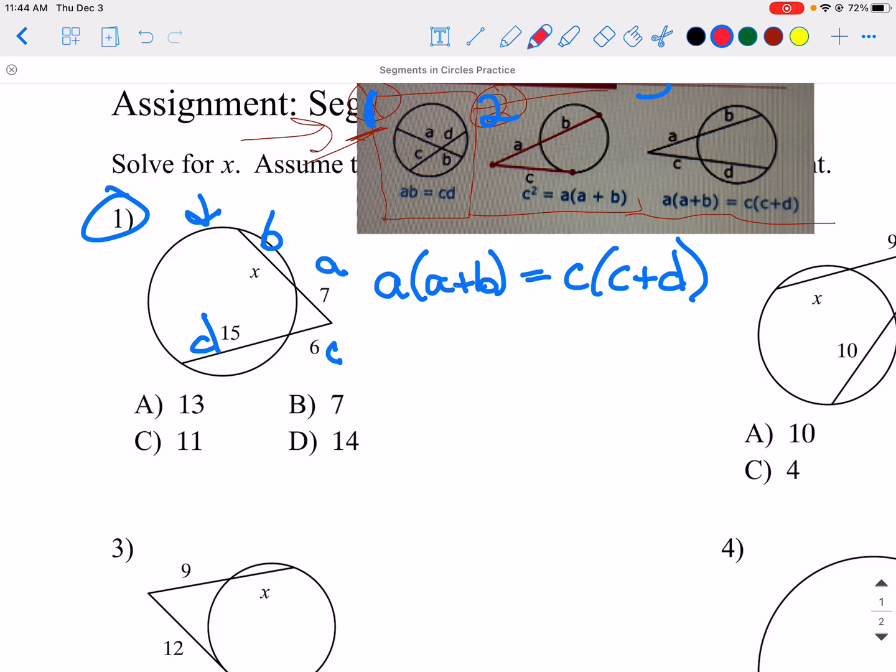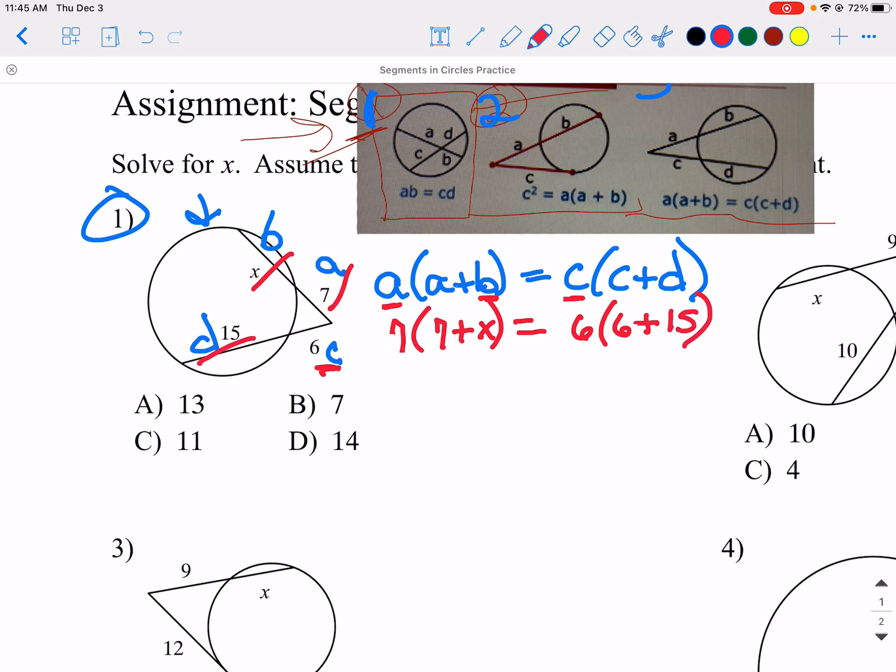In this formula A is 7, so 7 plus B, B in this case is X, times C, which is 6, plus D, which is 15.